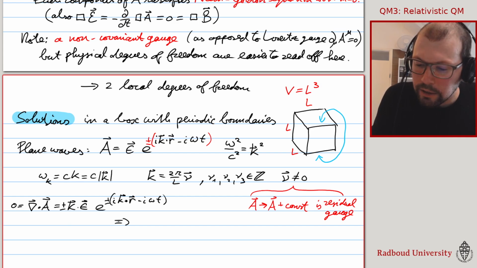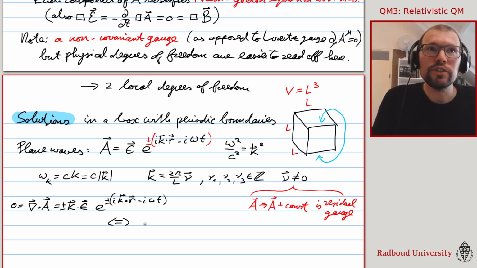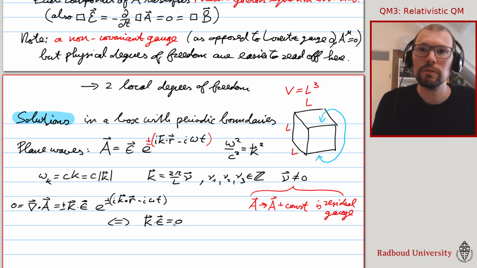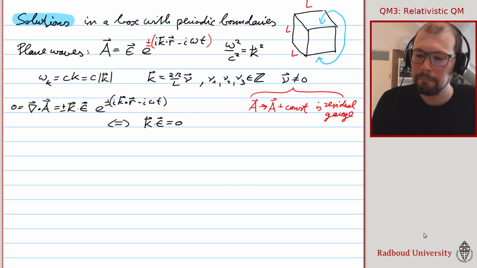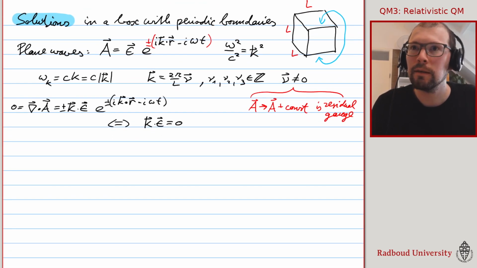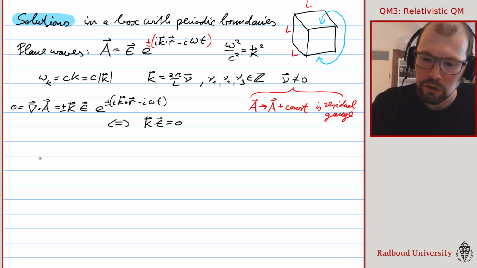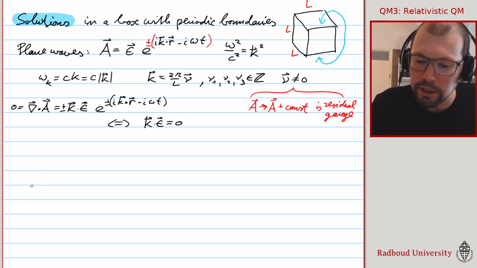So what we really need is that these polarizations are perpendicular to the wave vector in order to satisfy the Coulomb condition. So now we can very clearly see what these 2 degrees of freedom are.